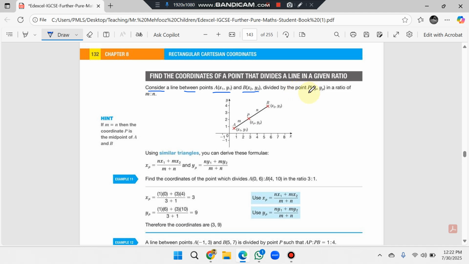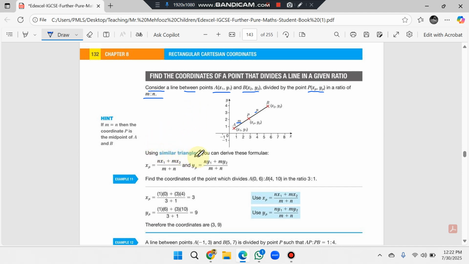It is divided by the point P with coordinates xp, yp. This point P cuts or divides the line in a ratio of m to n. So this is m and this is n, so its ratio is m:n.